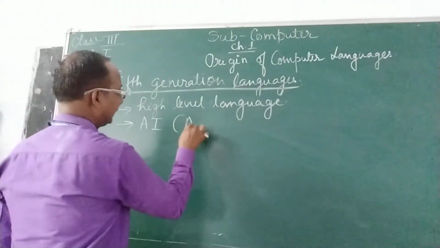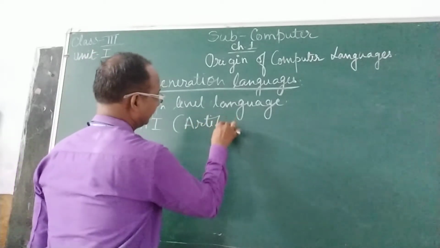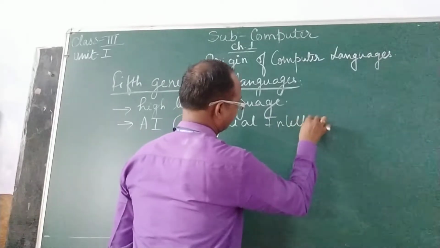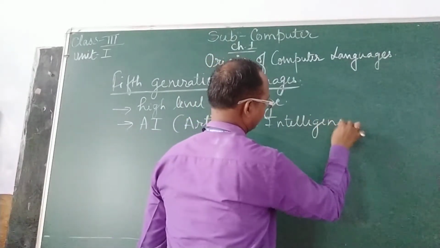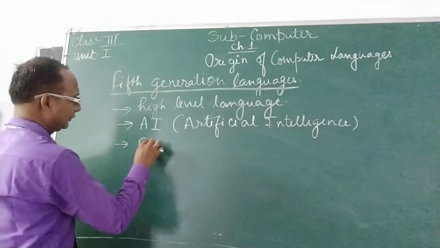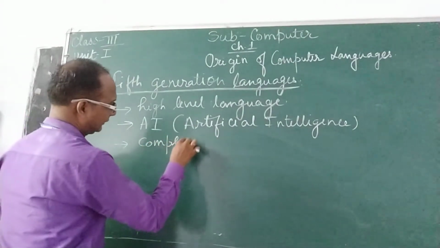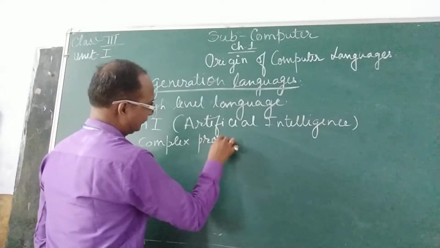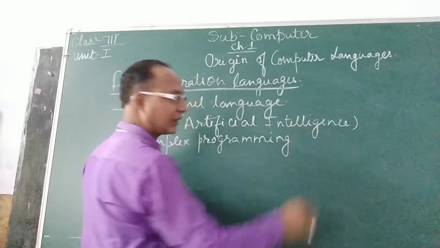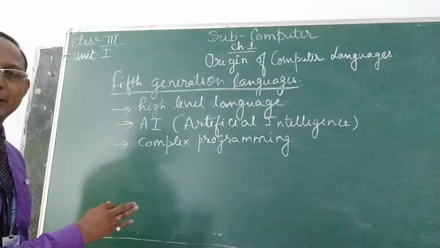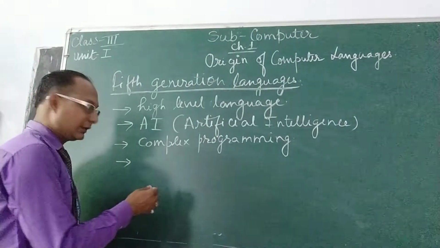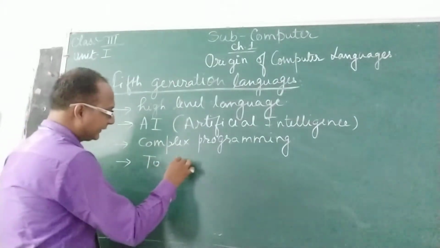That is artificial intelligence. Second, complex programming is done in this type of fifth generation language. Fourth thing, this is used to create robotic models.